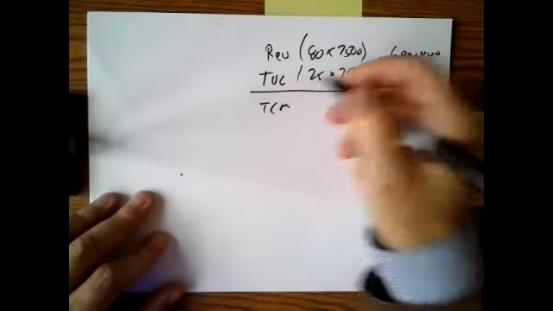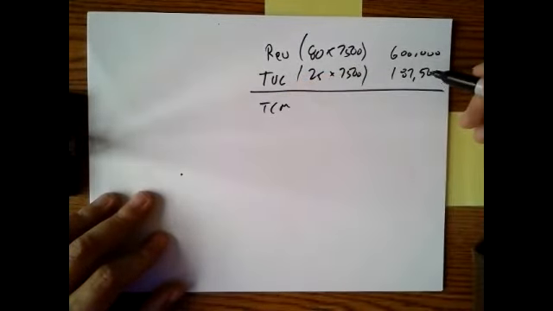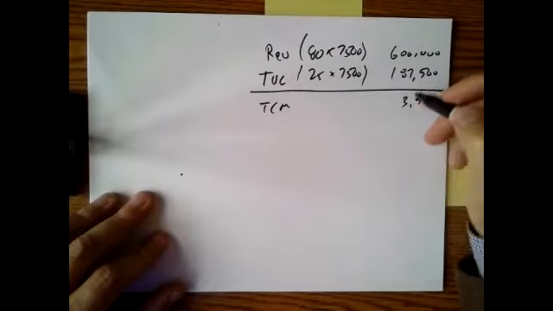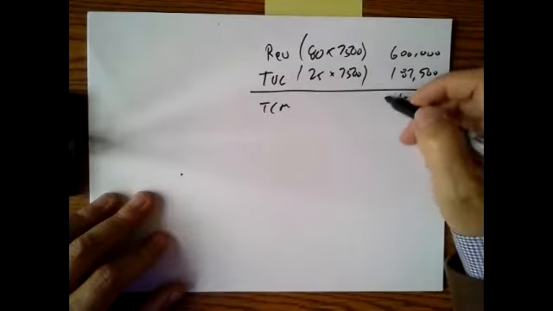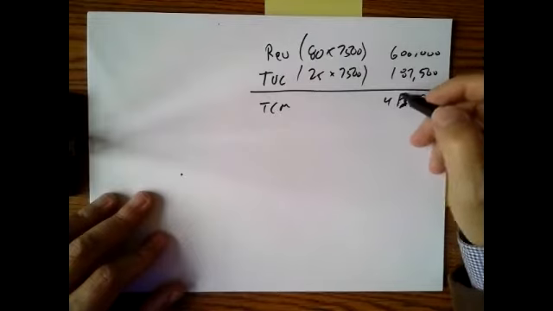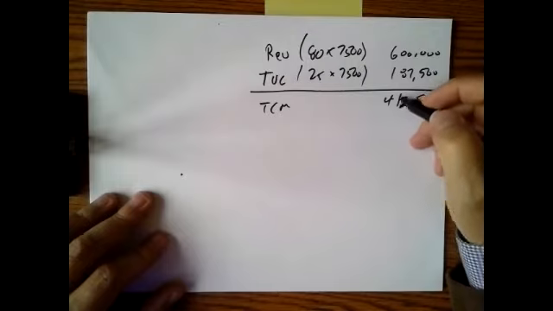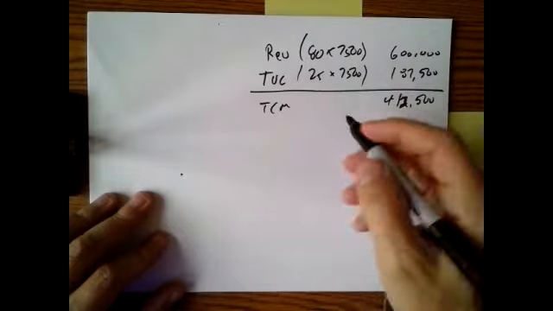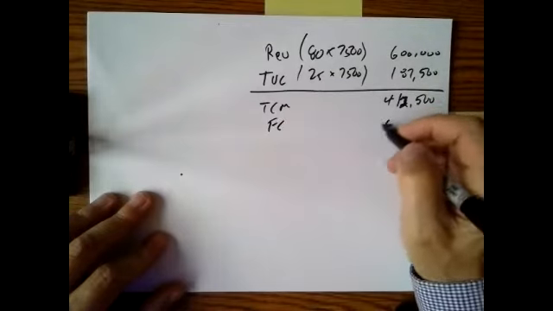Our total contribution margin is now 600,000 minus 187,500, so that's 412,500. And our fixed costs don't change, so that's 500,000.